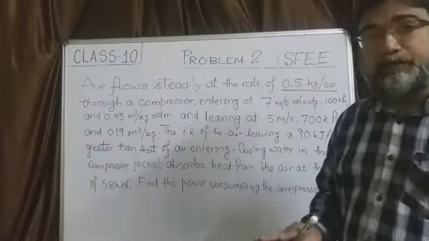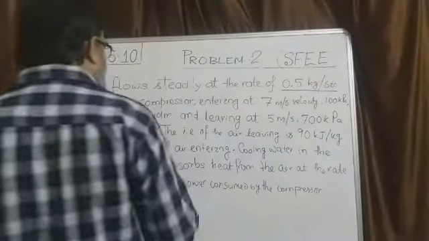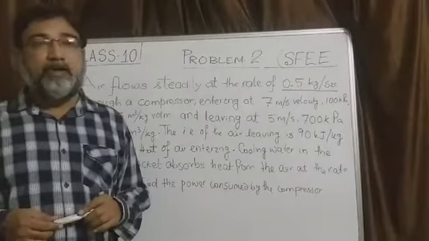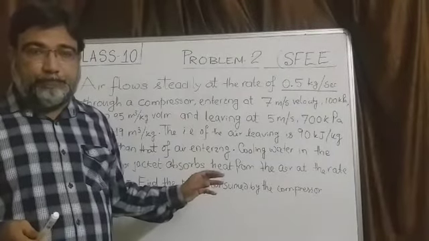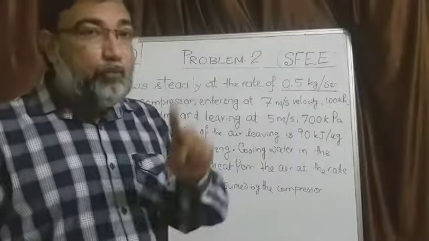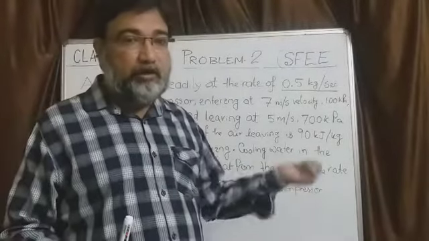And what is asked? What do you need to find out here? You have to find the power consumed by the compressor. Remember that a compressor is a power consuming device, like the blower we did yesterday or in the last class.